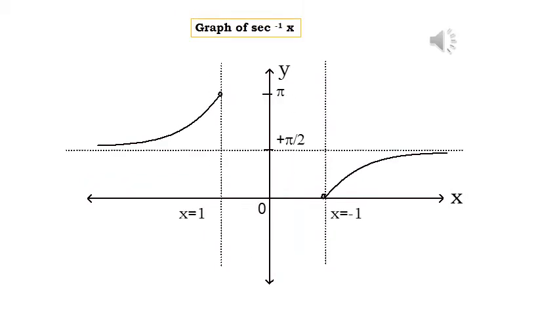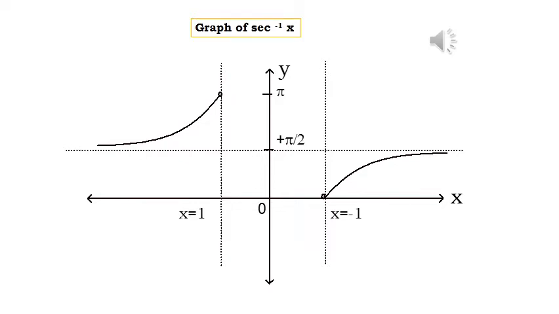This is the graph of secant inverse x. In secant inverse x also, horizontally the open interval minus 1 to 1 is left out. So the domain of secant inverse x is the set of all real numbers except minus 1 to plus 1, and vertically the range is 0 to pi except y equal to pi by 2.